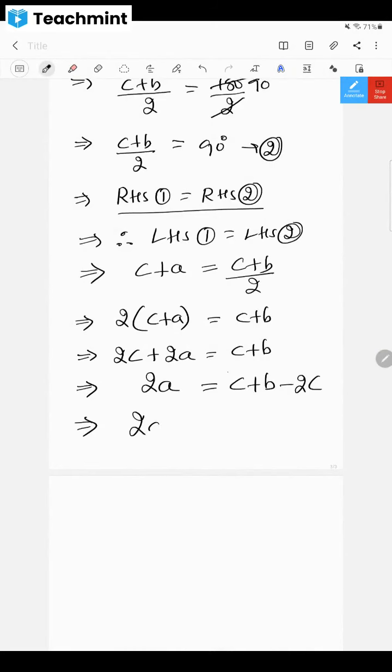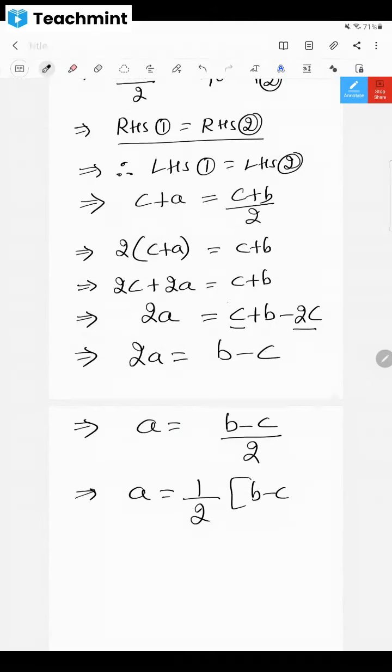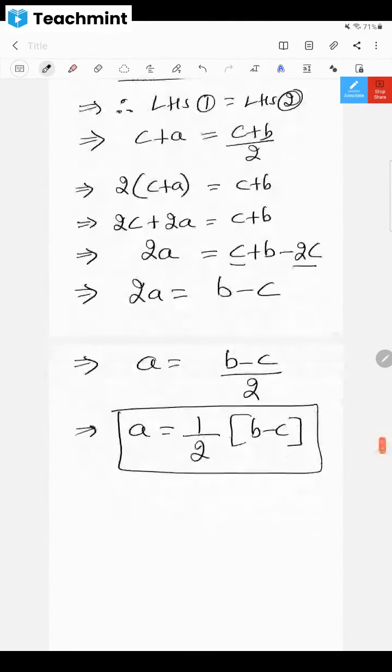Then 2A is equal to B as usual, and C minus 2C means it is minus C. Then A is equal to B minus C divided by 2. B minus C by 2 means I can write it as 1 by 2 bracket B minus C, correct?